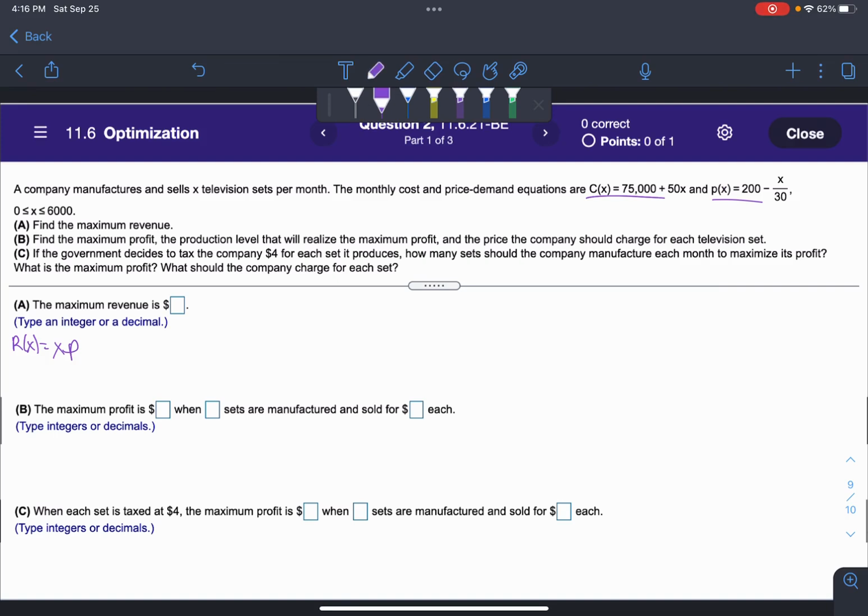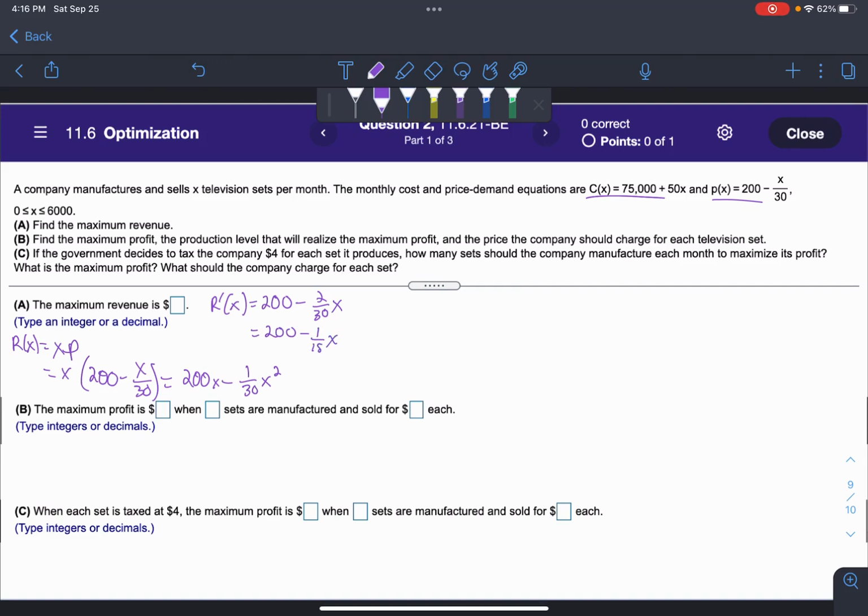So x times 200 minus x over 30, and this gives me 200x minus x squared over 30, or sometimes I like to write the coefficient as 1/30 times x squared. That's the same. So let's find R prime. That will just be 200 minus 2 over 30x, or 200 minus 1/15 x.